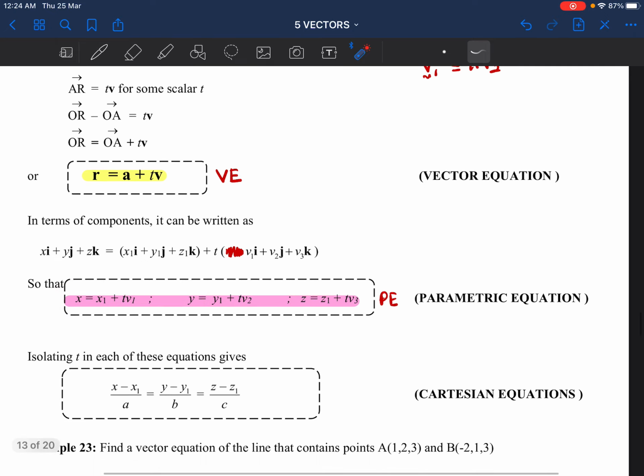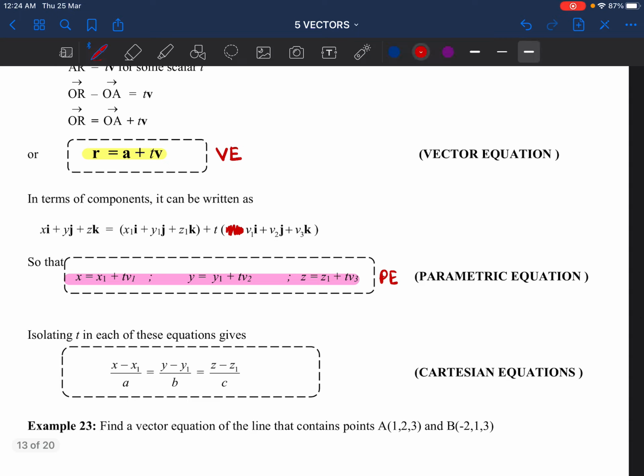So last one untuk dapatkan Cartesian equation. So basically kita jadikan T kita sebagai subjek. So kalau tadi kita tahu ini ialah R kamu, ini ialah A kamu, ini ialah V kamu. Okay, and then kita dapat parametric equation. So untuk dapatkan Cartesian equation, kita just jadikan T kita subjek.